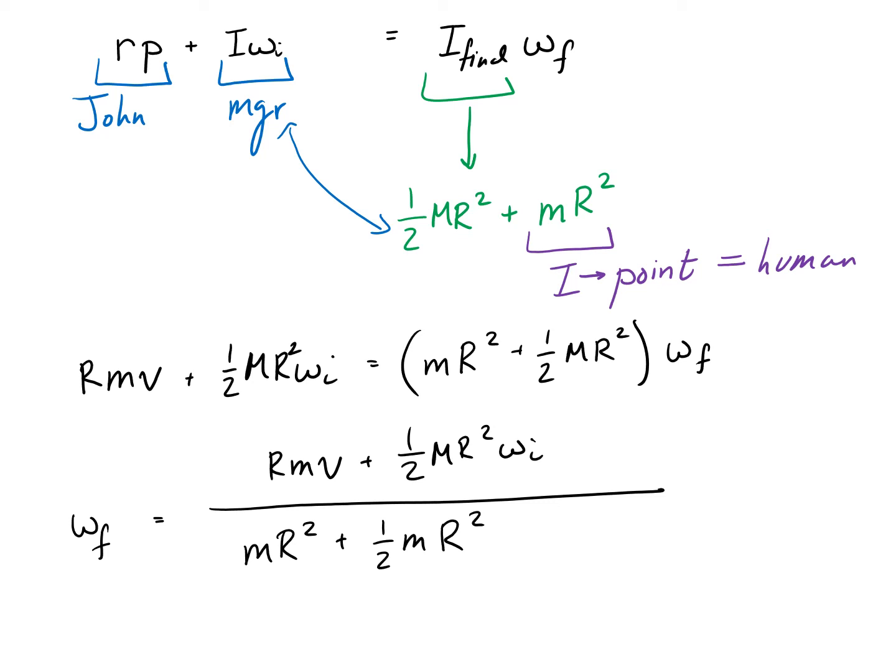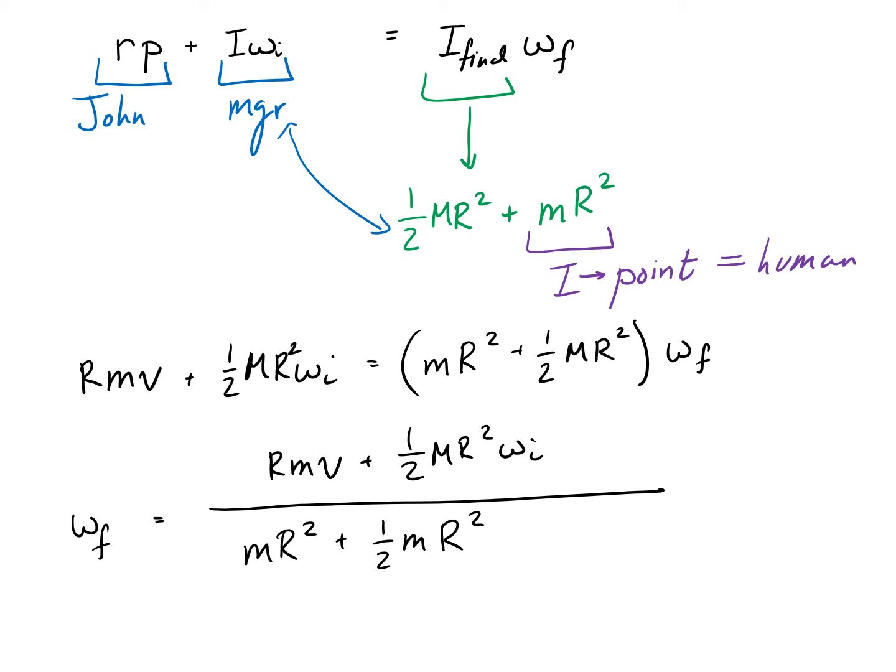So before we get into that, I just want to reiterate what we have done. We are using the conservation of angular momentum. Our before case is we have the merry-go-round that was already spinning, and John is running and is going to jump on to the merry-go-round, and he has some momentum. We need to take that momentum and convert it to an angular momentum by using, in reality, RP sine beta.